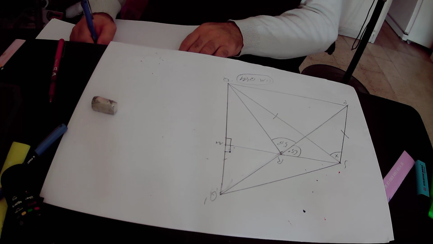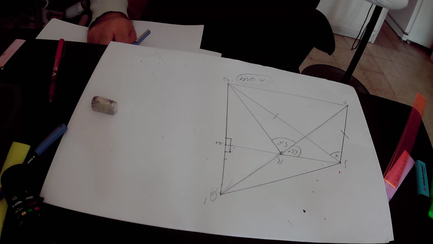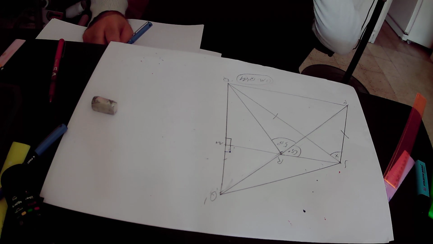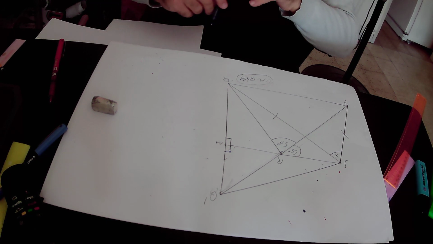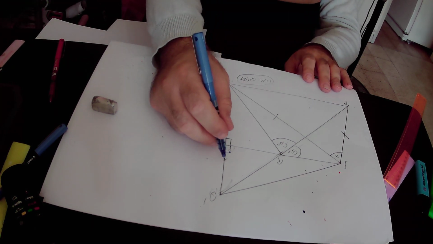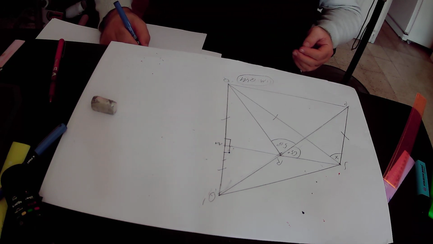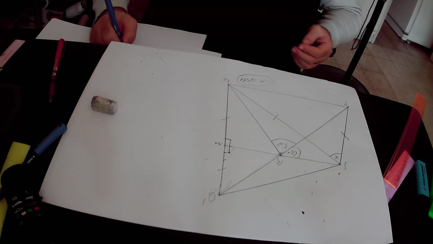Actually, we will prove that those two right triangles can go into each other. First of all, we know that QM equals QDSM according to our construction.